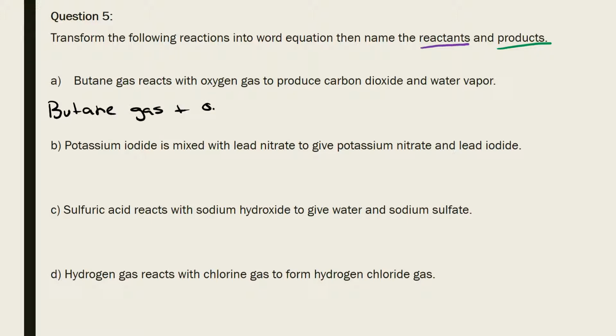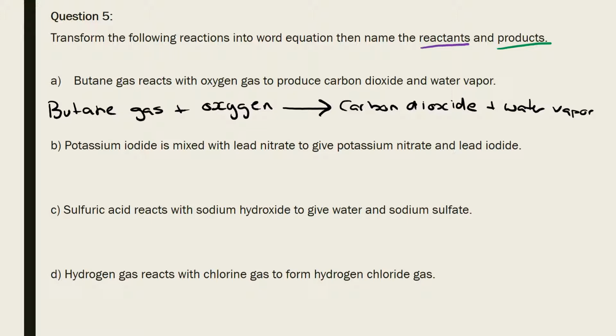The reactants are the ones before the arrow, so that's going to be in purple. The products are after the arrow, so that's going to be in green.